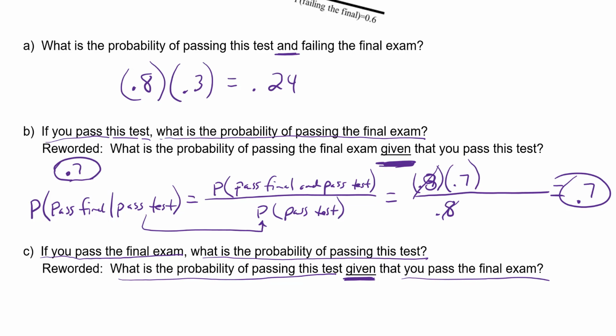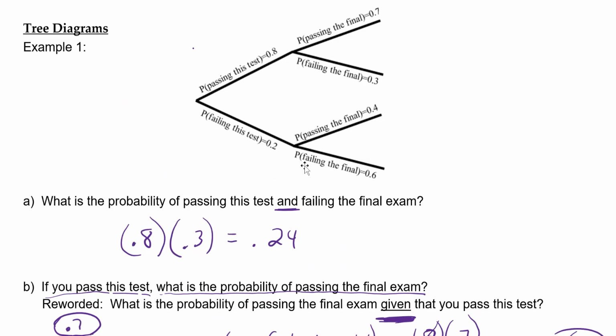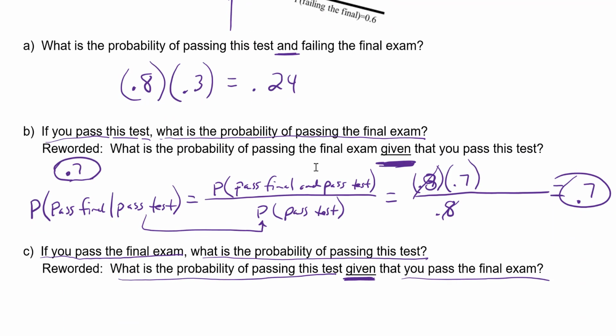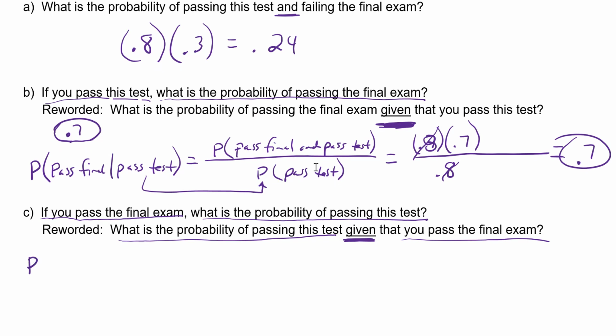Now you can't just do this one by looking at the chart, okay? And the reason you can't do that is because it says if you pass the final. Well, passing the final is here and here. So it's not like I can say it's the first part of this. So actually I have to do it mathematically. So you're going to say what's the probability, and we're going to use the reworded one: the probability of passing the test given that you passed the final.